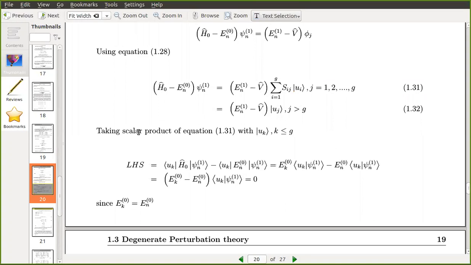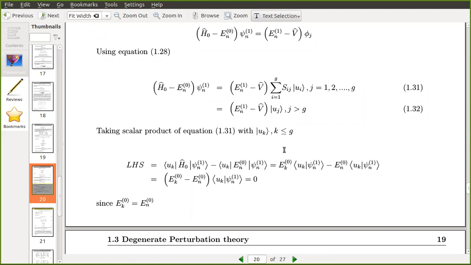Okay, now take the scalar product of this equation 3.1.31 with uk. This is our main concern, the degenerate states. Now take the scalar product with uk when k is less than or equal to g. So LHS you can write uk H0 psi n of 1 minus uk En of 0 psi n of 1. Two terms will come here.